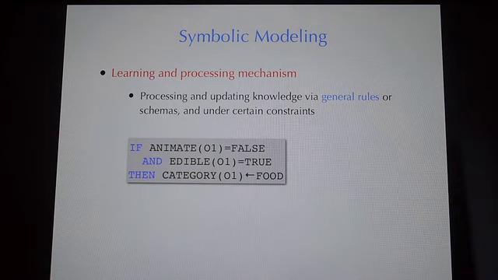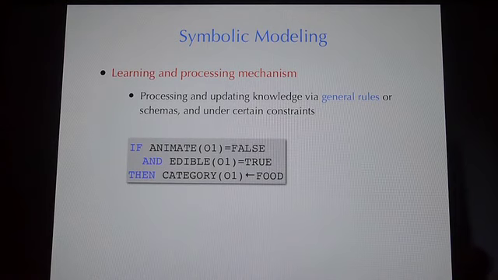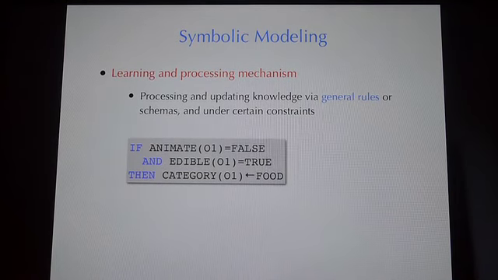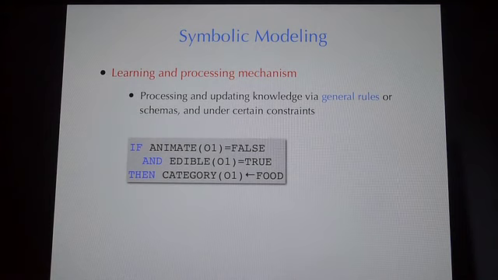If animate of O1 is false, means if the object O1 is not animate, and if it's edible, which is represented as edible of O1 is true, then object O1 must belong to the category food. So that's what the last line says. Category of O1 must be assigned to food. So this is a very simplistic way of saying put all the non-animate edible things into the category food.